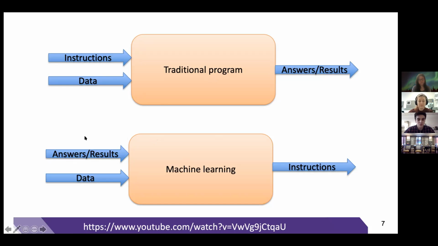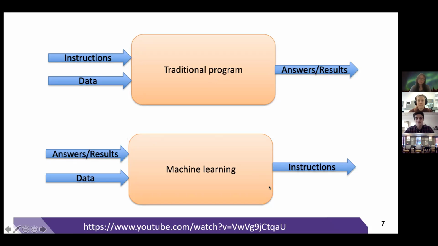What you do is you give it a bunch of data and you tell it what the answers and results are prior to it doing anything. So it kind of solves the inverse problem where it's going to take all the information and try to deduce the rules that you would have written.